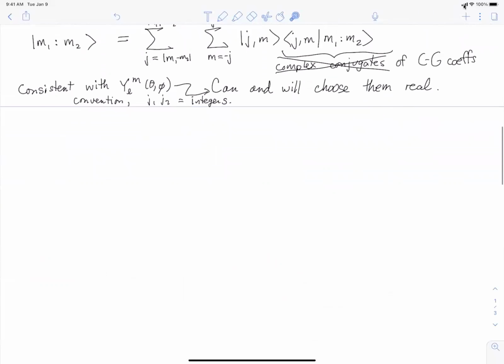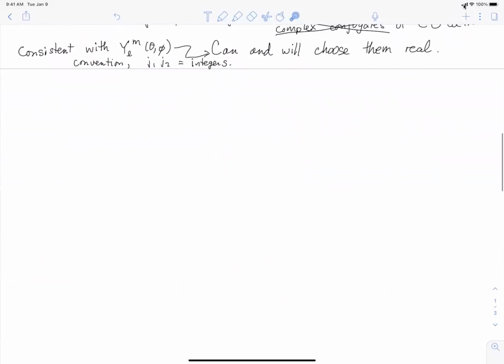All right, so let's review what we found in Clebsch-Gordon coefficient language. So we have found so far, first I'll write the states that we found. For the case of product spin 1/2, we found that gave total spin 1 and total spin 0.